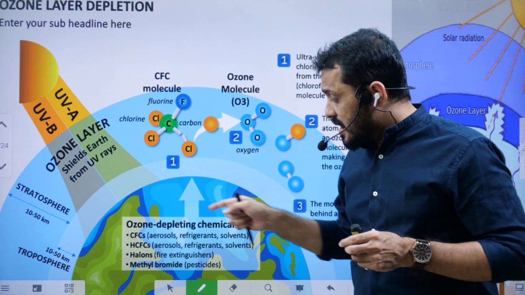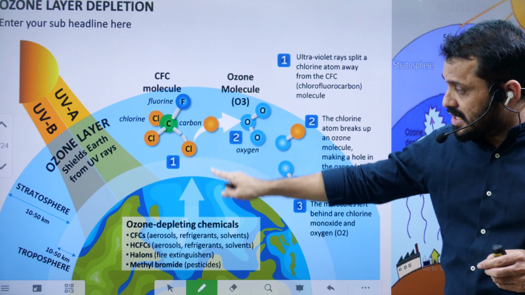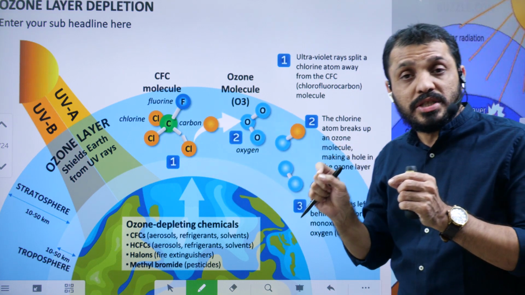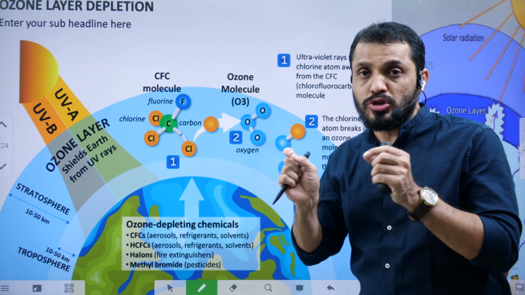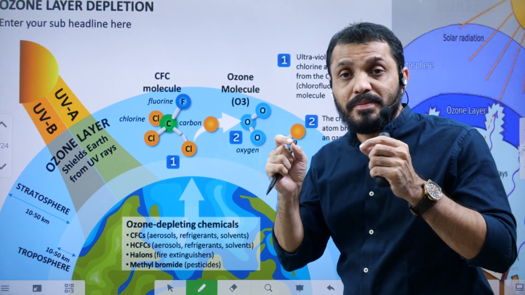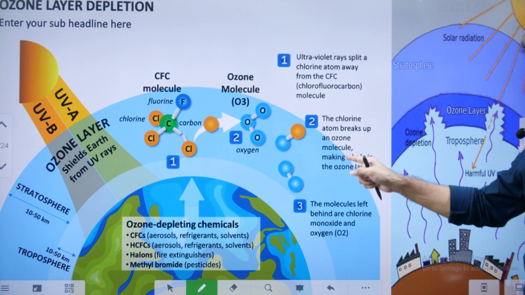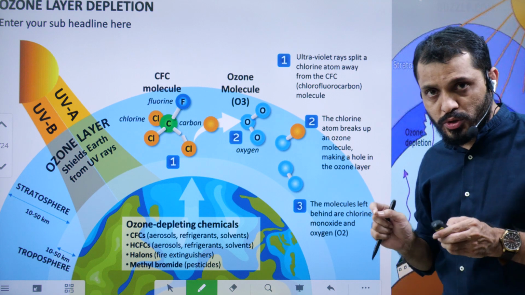The chlorine atom present in these chemical substances goes and binds with the ozone and dissociates one of the oxygen atoms from the ozone molecule. That means ozone will be dissociated into oxygen. The chlorine atom breaks up the ozone molecule and it makes a hole in the ozone layer.